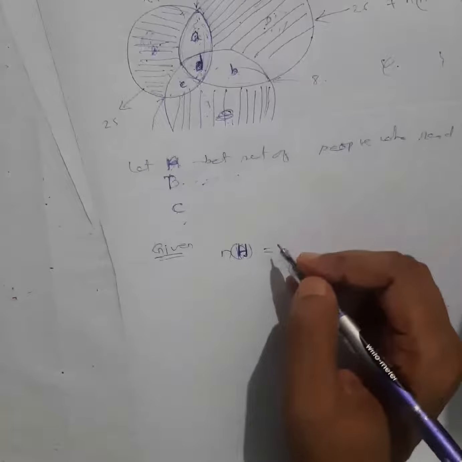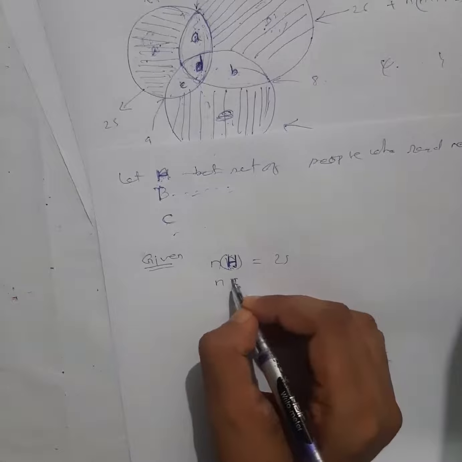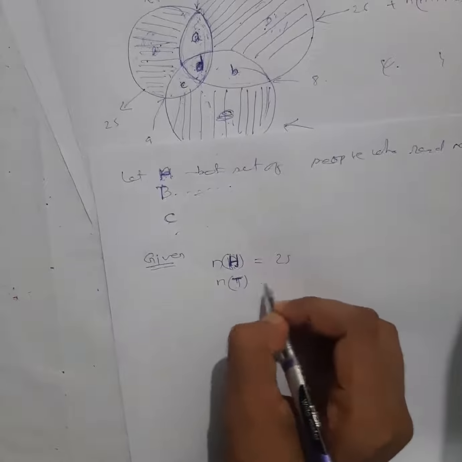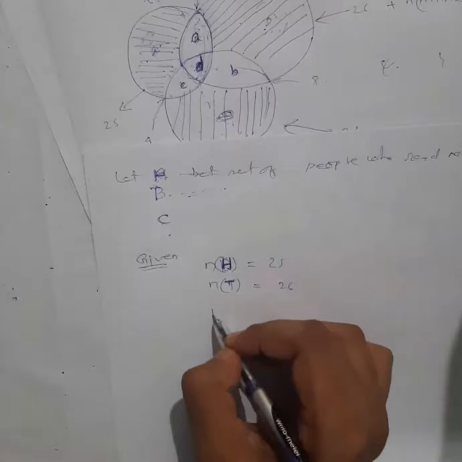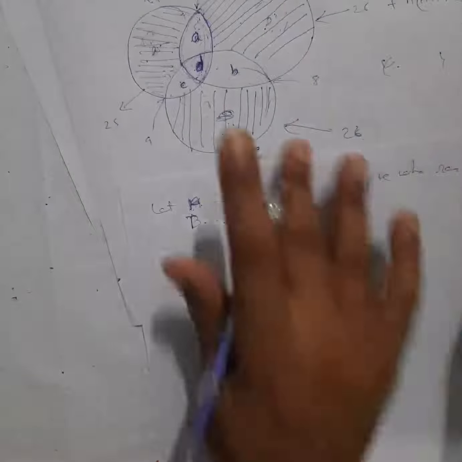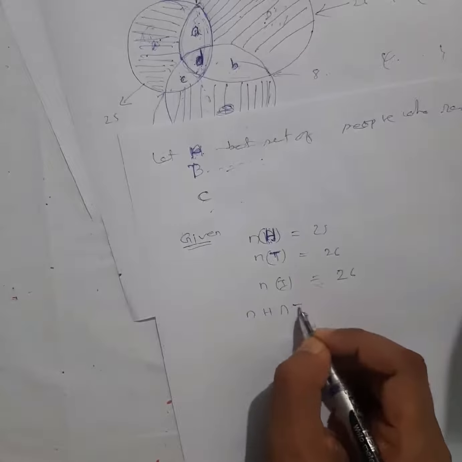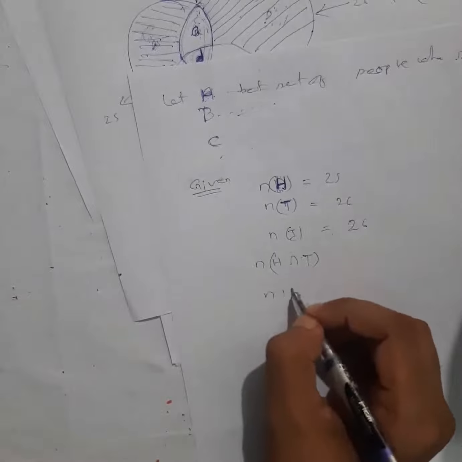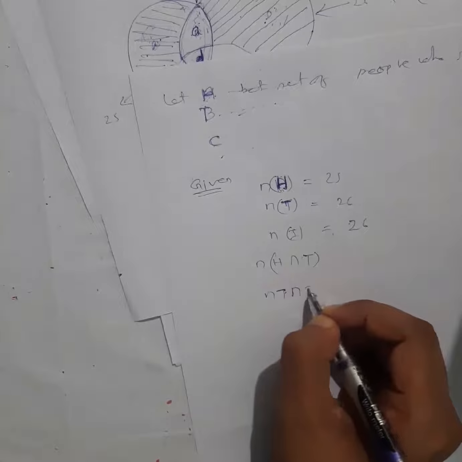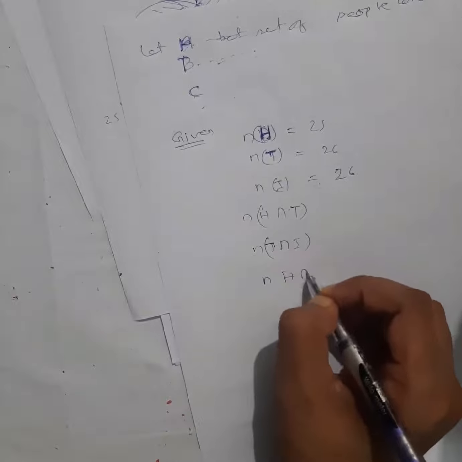So this will be how many? 25. Number of people who read newspaper T. How many? 26. Number of people who read newspaper I. 26. Both also given. Number of people who read newspaper H and T. Number of people who read T and I. Who read H and I is given.